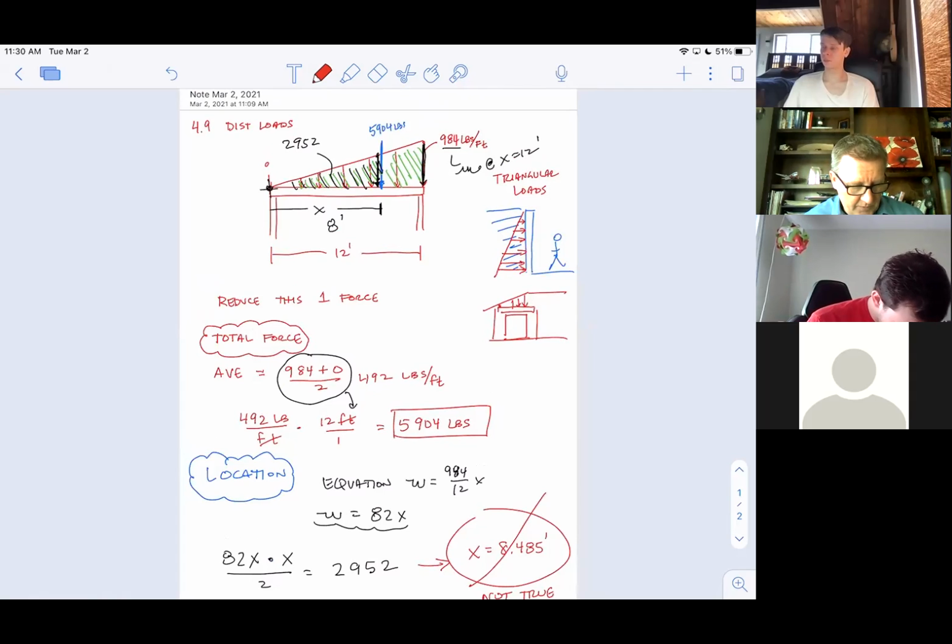984 times 12 equals, divided by, no, that's 5904. Didn't make any mistakes there. Cut that number in half. 2952. I don't see anything wrong with that.